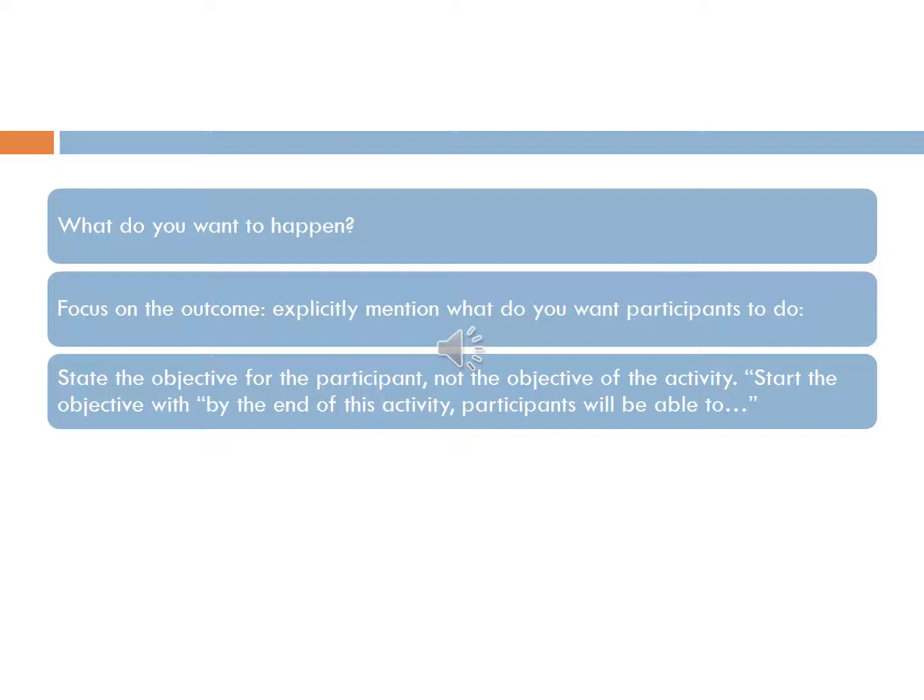If I want them to learn about tomato diseases, then I need pictures. I need visuals. I need maybe some plants with me. I need to do a kind of identification exercise or something. So I start thinking about the activities and the tools I need to be able to achieve those objectives. And once you have stated your objective and identified what teaching methods you will use and what tools you would need, then you will be able to formulate your session.